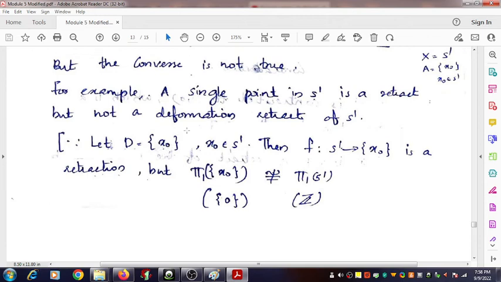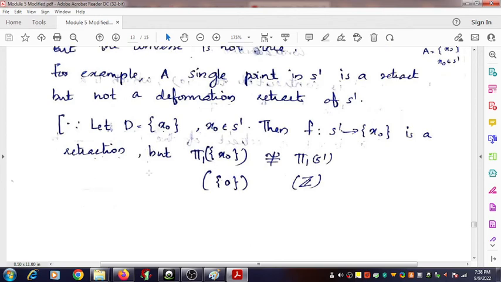If there were a deformation retraction from S1 to the single point x0, then we would have to call the subspace x0 a deformation retract of the space S1, and that would contradict the fact that pi1 of x0 is the trivial group, which contains only the element 0, while the fundamental group of S1 is Z, and both would be isomorphic. That would lead to the conclusion that the trivial group is isomorphic to the additive group Z of integers.